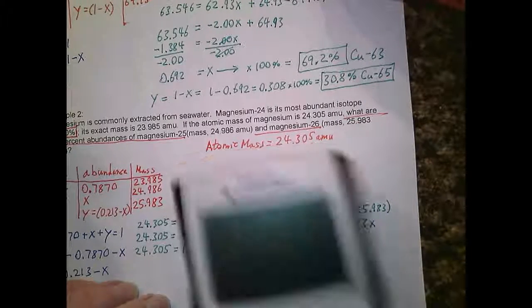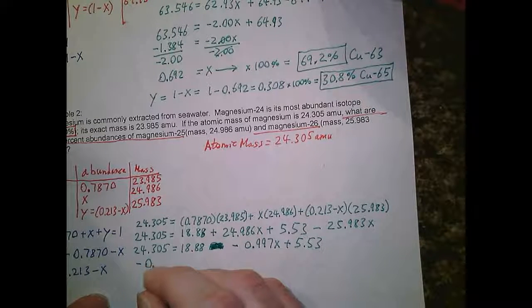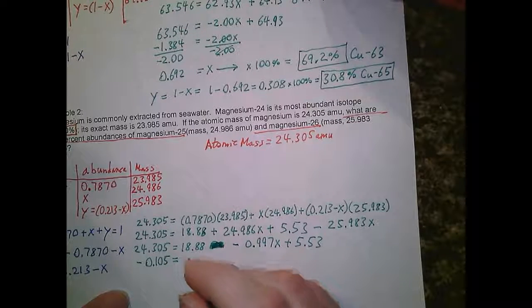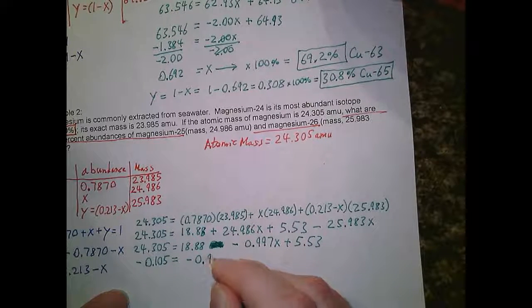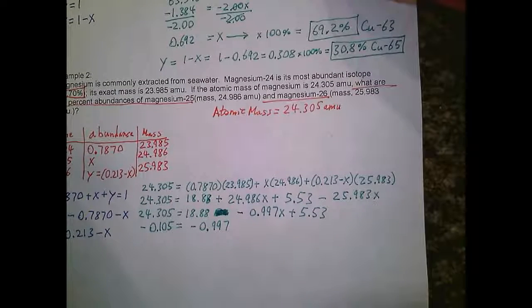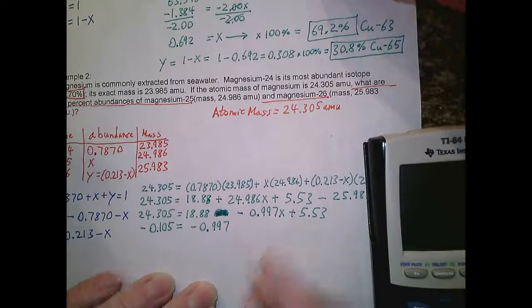I get negative 0.105 equals negative 0.997x.